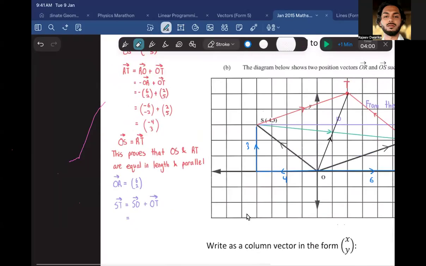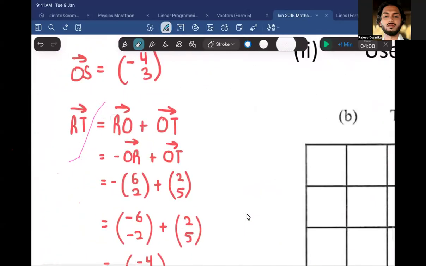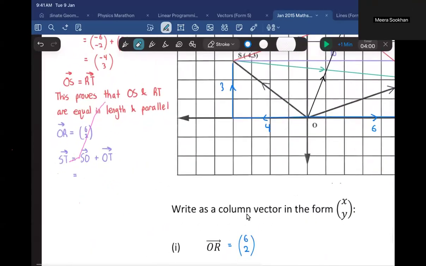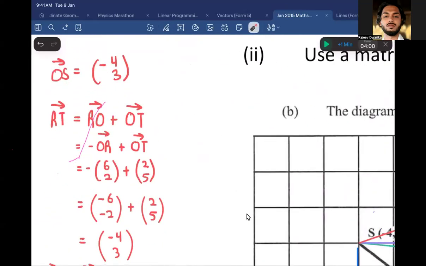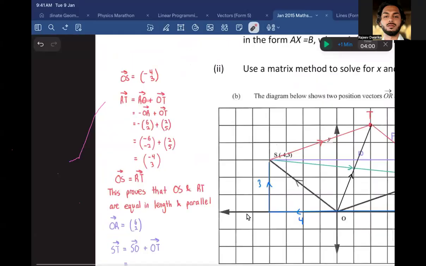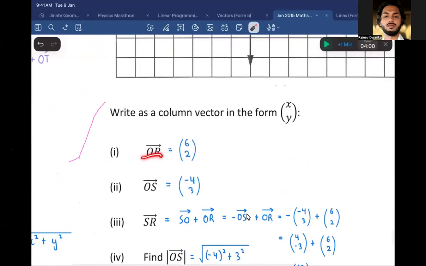You would have seen me doing it for the previous part. R to O, you would have seen me write minus OR. The reason I'm doing that is because in this question, I was not given RO, I was given OR. So you just use that and put the minus sign, because all RO is, is OR in the opposite direction.